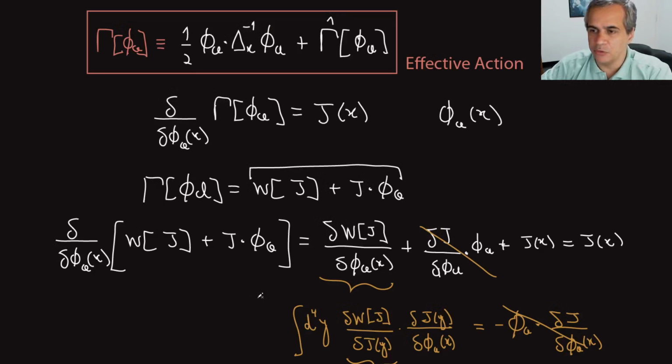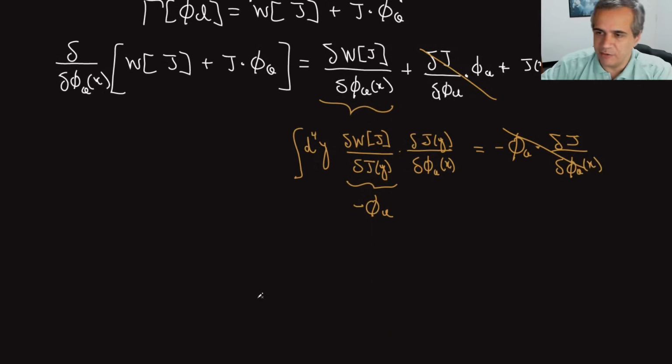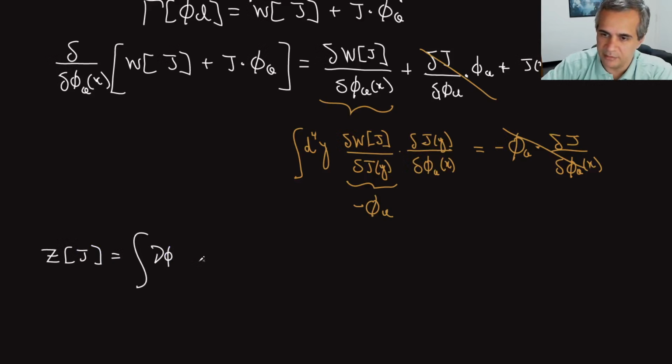I can also use this Legendre transform to write a very interesting expression, because we know that the partition function Z of J can be written as the path integral over phi of the exponential of minus the action plus J phi.